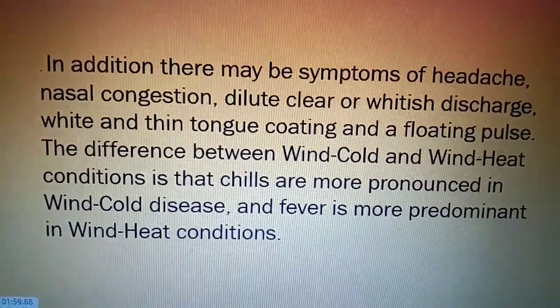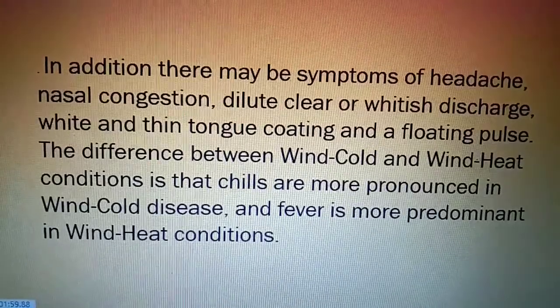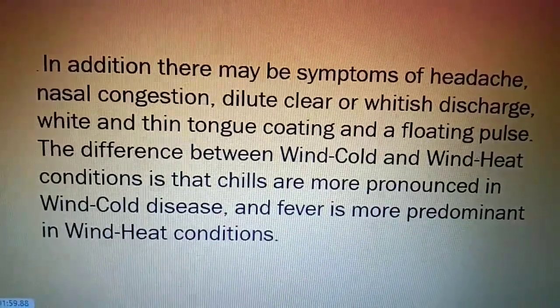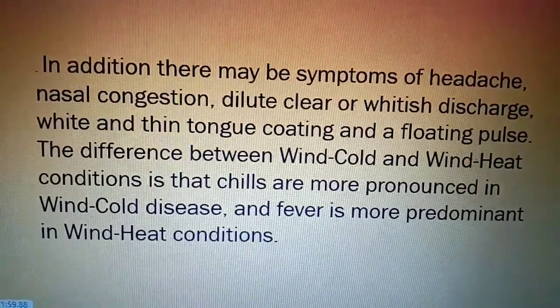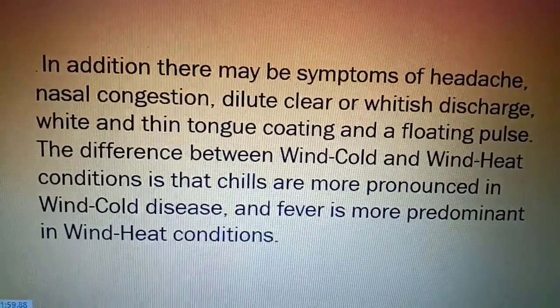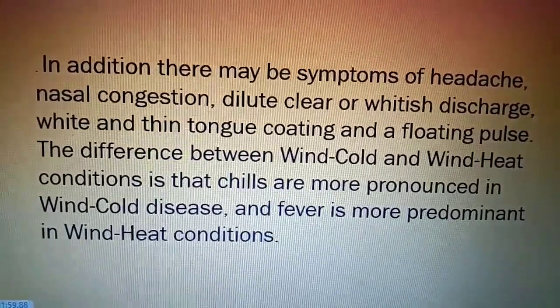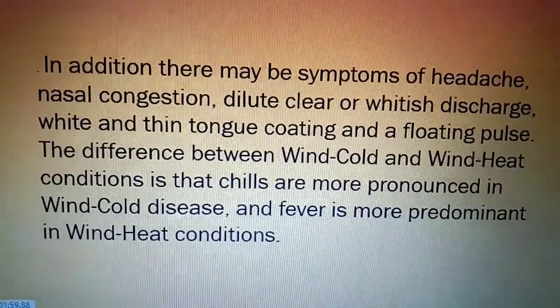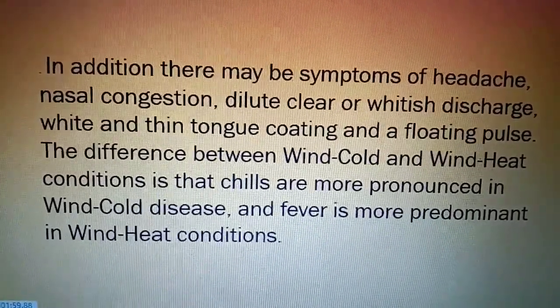The difference between wind cold and wind heat conditions is that chills are more pronounced in wind cold disease and fever is more predominant in wind heat conditions.